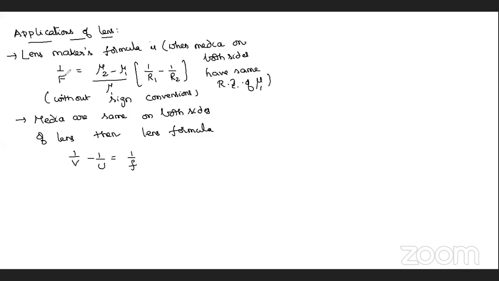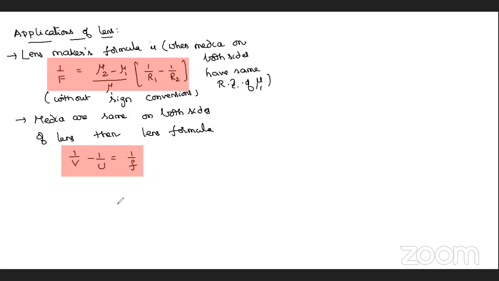I think you may feel a little bit bored, because I'm repeating the same formula many times, yesterday and today. My intention is that you don't use this formula all the time. Always check whether both sides' media are the same or not. If both sides' media are not the same, you should not use this formula. That's why I'm repeatedly saying this.